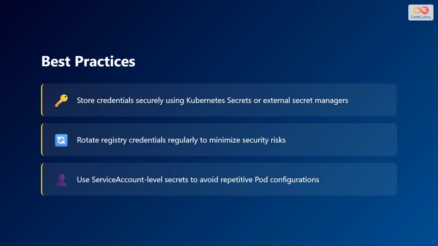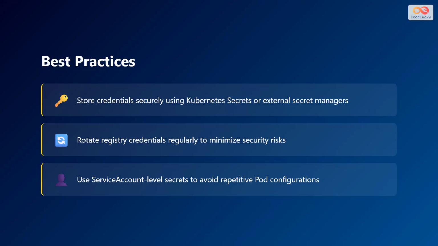When working with ImagePullSecrets, follow these security best practices. First, always store your registry credentials securely using Kubernetes secrets or external secret management solutions like HashiCorp Vault or AWS Secrets Manager. Never hardcode credentials in your manifests. Second, implement a regular credential rotation policy to minimize security risks in case credentials are compromised.